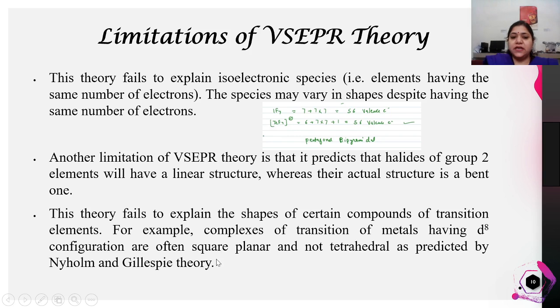Mostly d8 configurations are square planar and not tetrahedral, because if there are 4 bond pairs, it should be tetrahedral. But all the metal complexes formed by the d8 configuration show a square planar structure. So these are the main limitations of VSEPR theory.